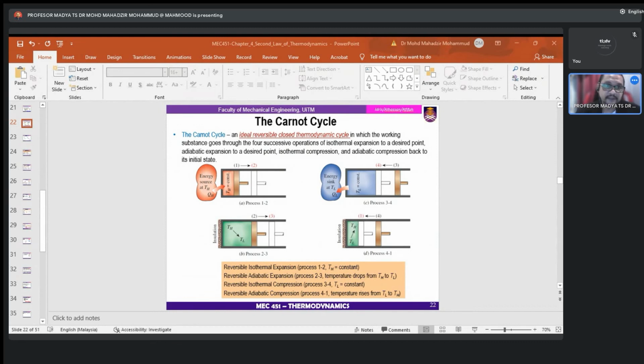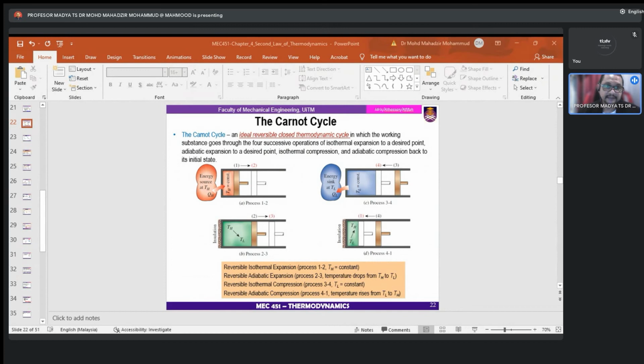Carnot's principles state that the thermal efficiency of all reversible heat engines operating between the same two reservoirs is the same, and that no heat engine is more efficient than a reversible one operating between the same two reservoirs.